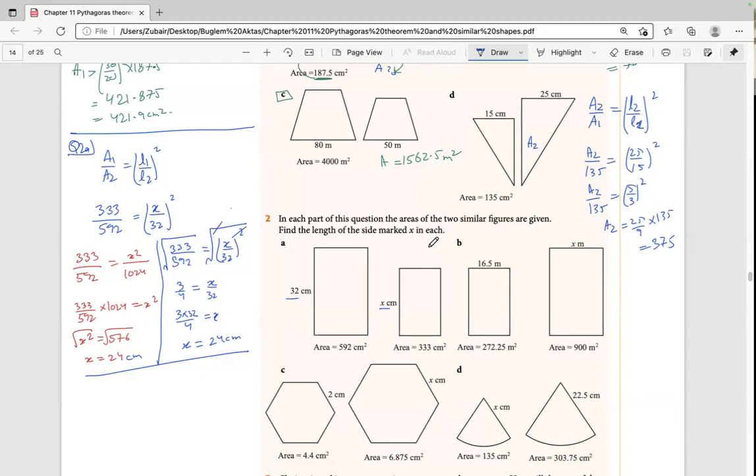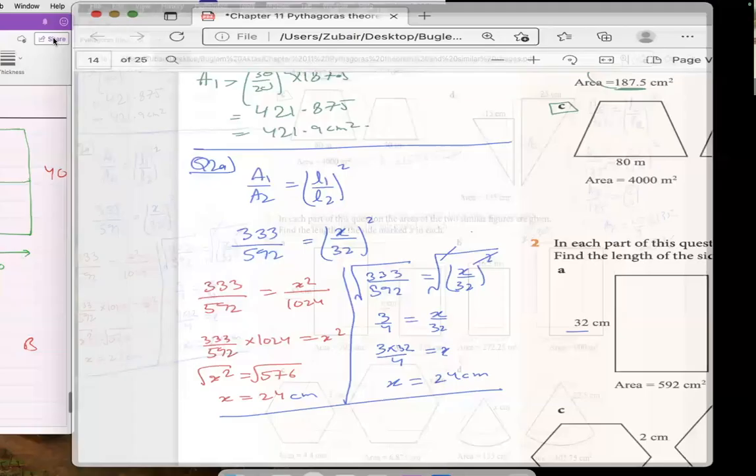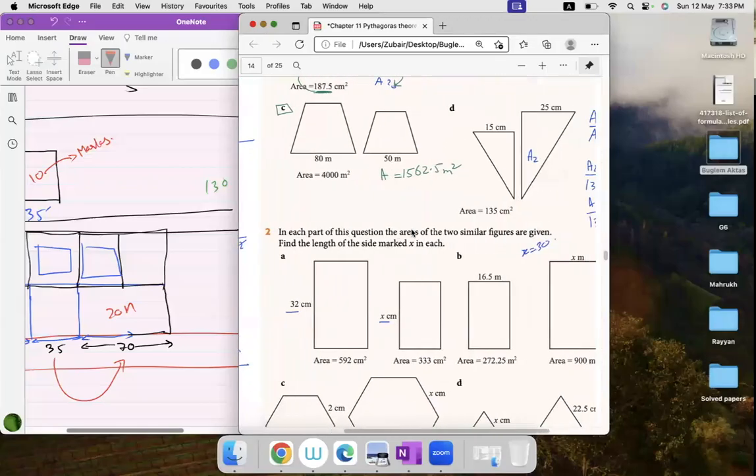What did you get? 29.8. I think I'm getting exactly 30. Let's see.